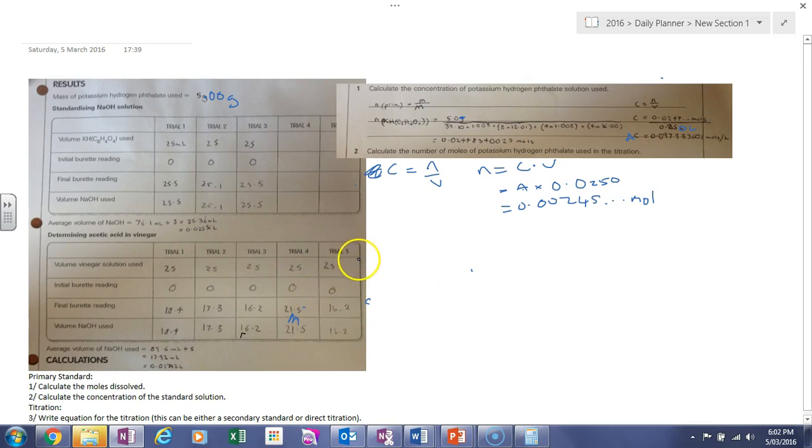Now we need to work out the titration ratios, which is one of the potassium hydrogen phthalate. 1 mole of that is to 1 mole of sodium hydroxide.